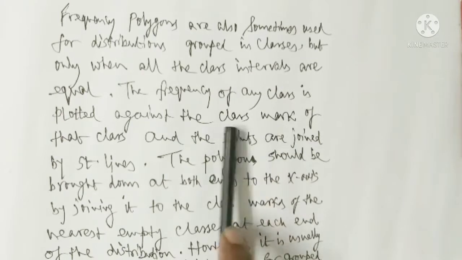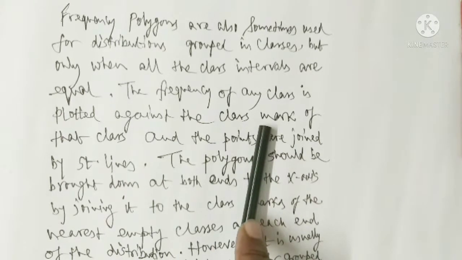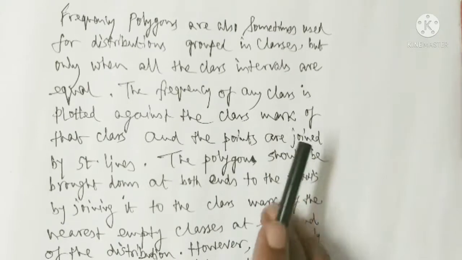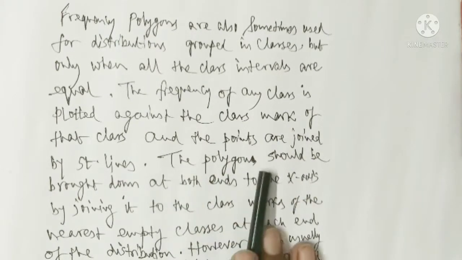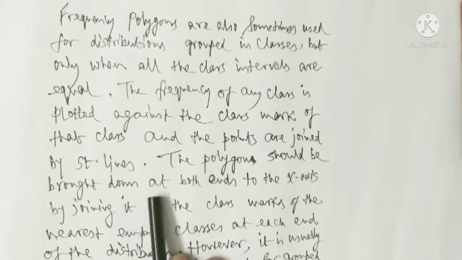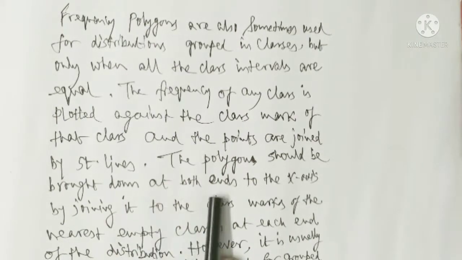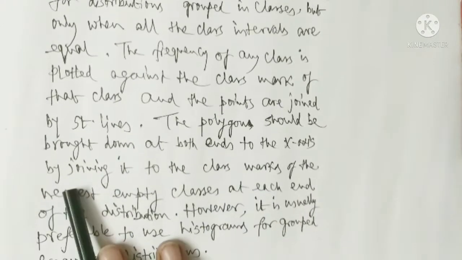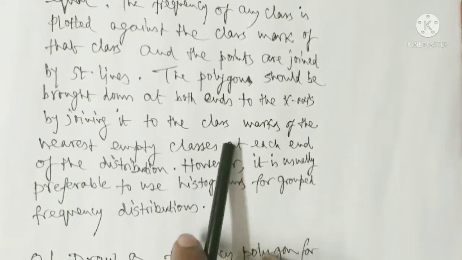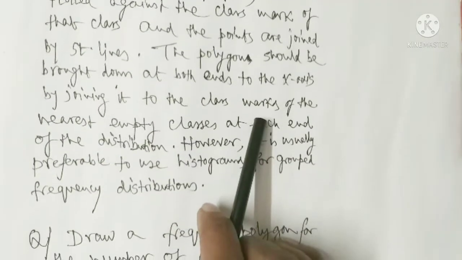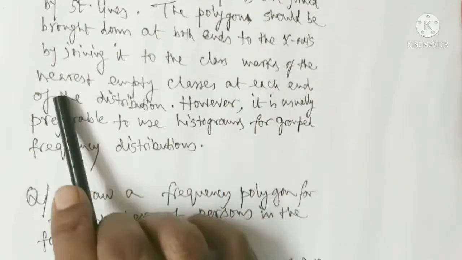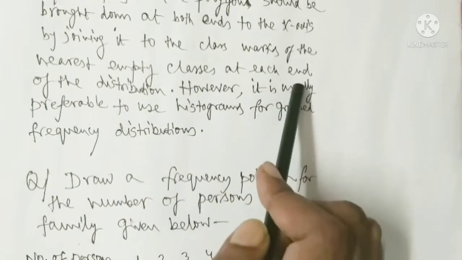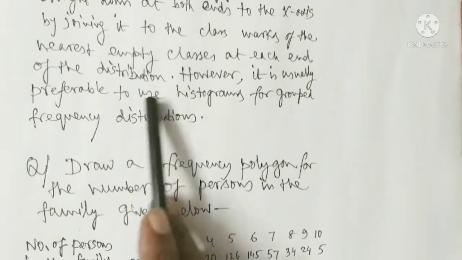Suppose the interval is 1 to 10, then its mid value is 5.5, and this is considered the class mark. The polygon should be brought down at both ends to the x-axis by joining it to the class marks of the nearest empty classes at each end of the distribution.